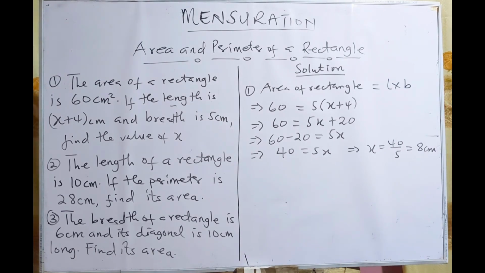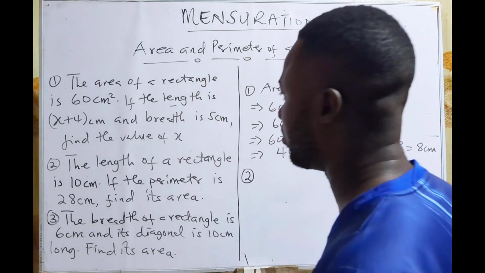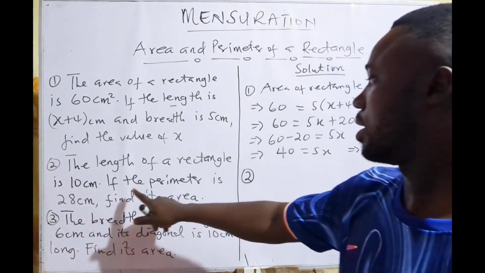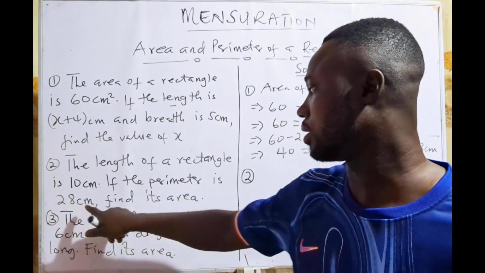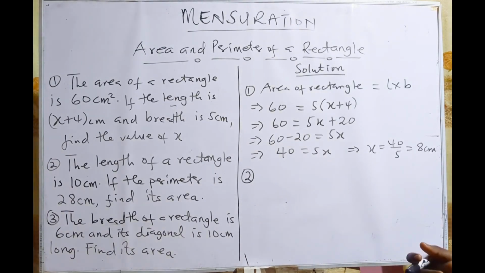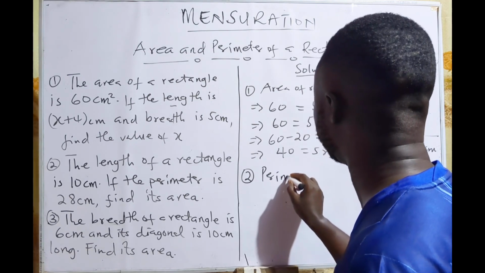Okay, let's go to number 2. The length of a rectangle is 10 centimeters. If the perimeter is 28 centimeters, find its area. So you are given the length and the perimeter to find the area. So you go to your perimeter. What is the perimeter of a rectangle?